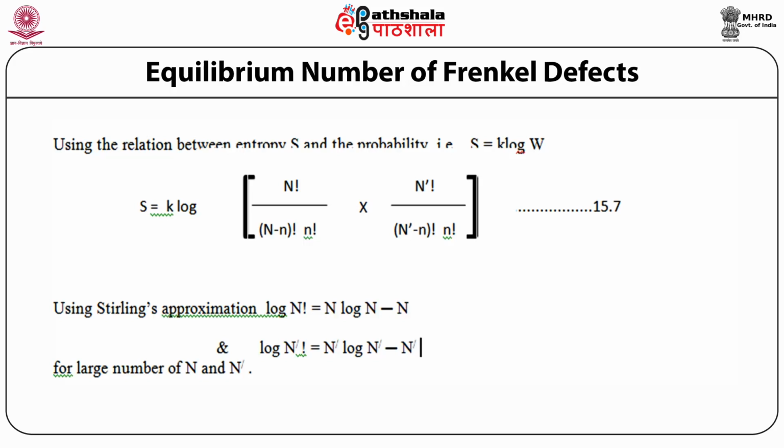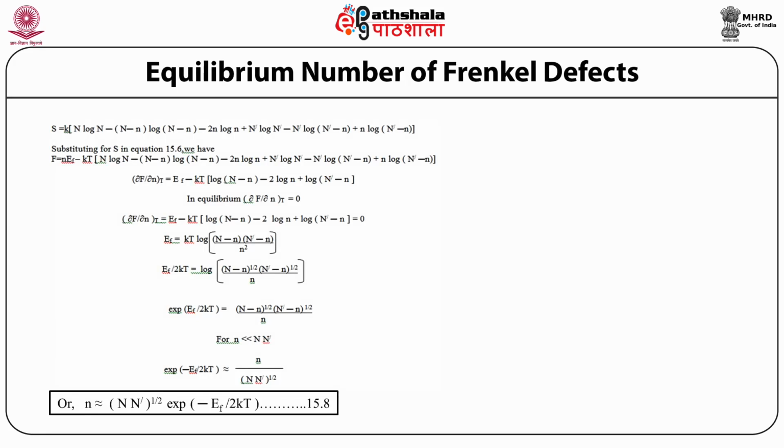Using Stirling's approximation, log N factorial equals N log N minus N, and log N prime factorial equals N prime log N prime minus N prime for large N and N prime. S, the entropy, is given by k [N log N minus (N minus n) log (N minus n) minus 2n log n plus N prime log N prime minus (N prime minus n) log (N prime minus n)].